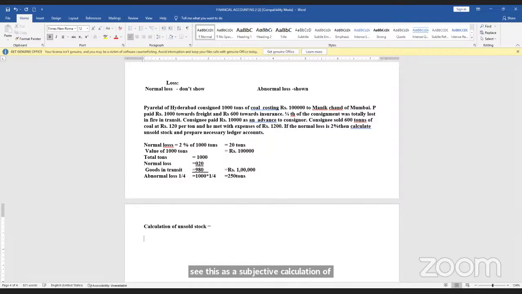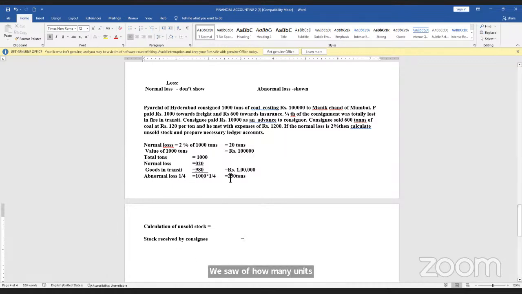So the stock received by the consignee is how much? Consignee received the stock of how many units?